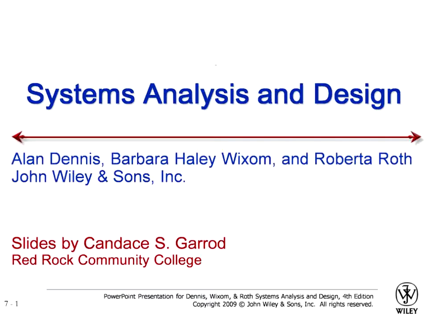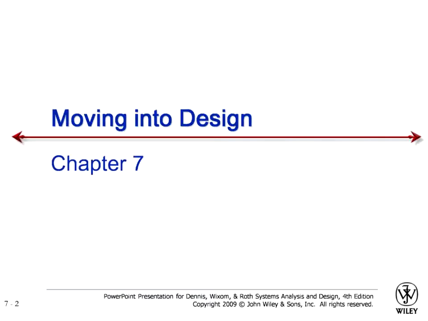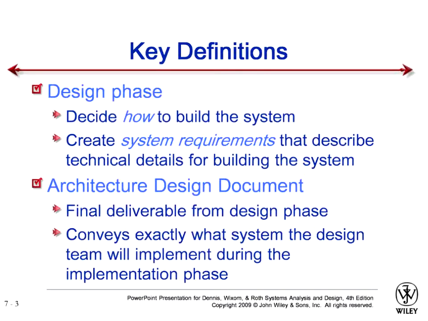So now we are moving from analysis to the design phase, which is chapter 7 of your textbook, moving into design. So far in analysis we have been talking about what the business needs are, why we need to build the systems.